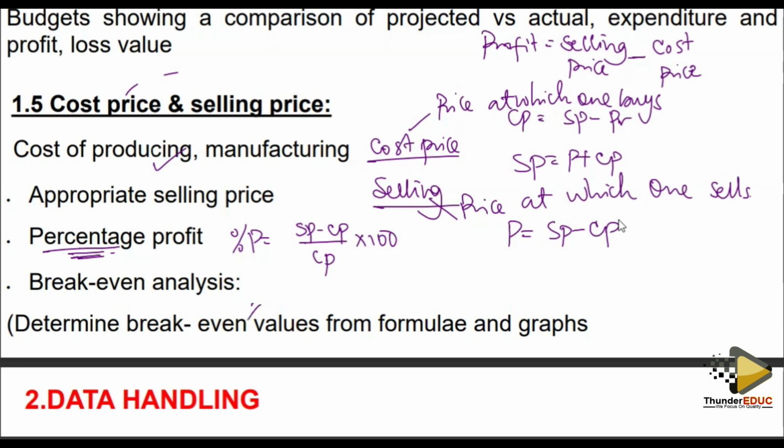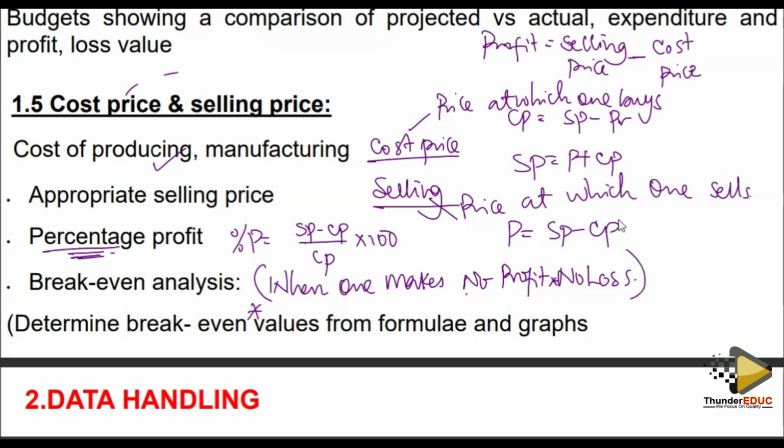Then, if we had a graph, you would have seen this. We have what we call the break-even point. What you need to know about the break-even point is that it's when one makes no profit and no loss, where income equals expenditure.